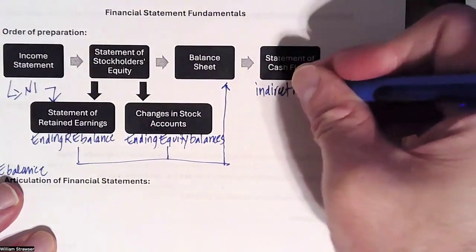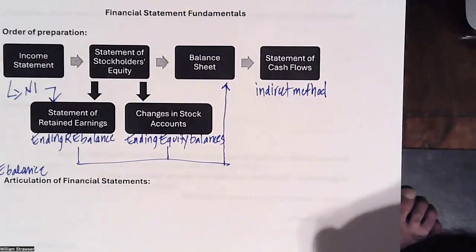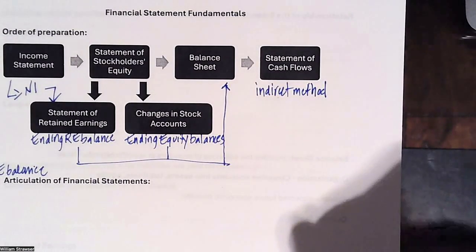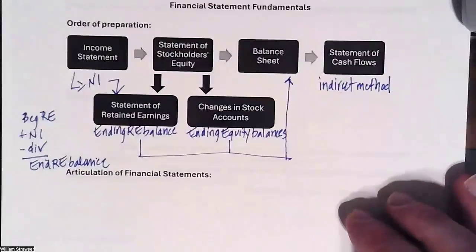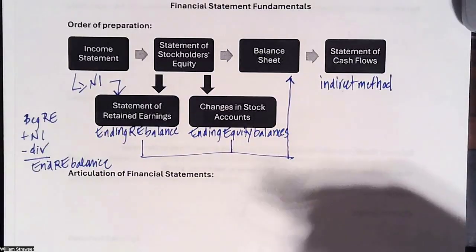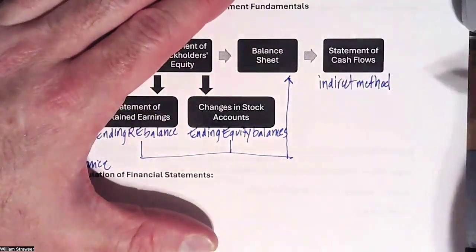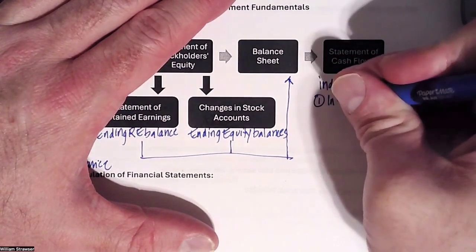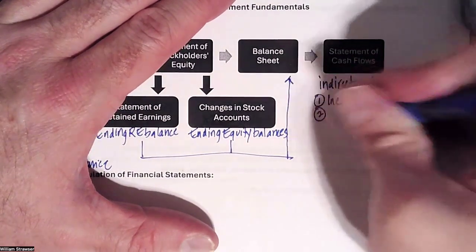And that's because they believe that showing all of their direct cash flows in operations would represent a proprietary cost that they don't want other companies, competitors, to know about, how they handle their cash account and what they use in order to run their company. So, in order to do the indirect method, we have to have the income statement complete and we have to have a complete balance sheet.